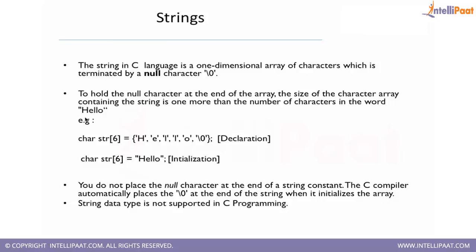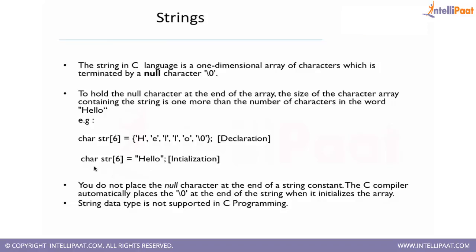For example, if you are storing hello, then you need a character array of length 6, because it will be storing HELLO and the null character. So the total number of characters stored when you initialize a string, say hello, is 6.